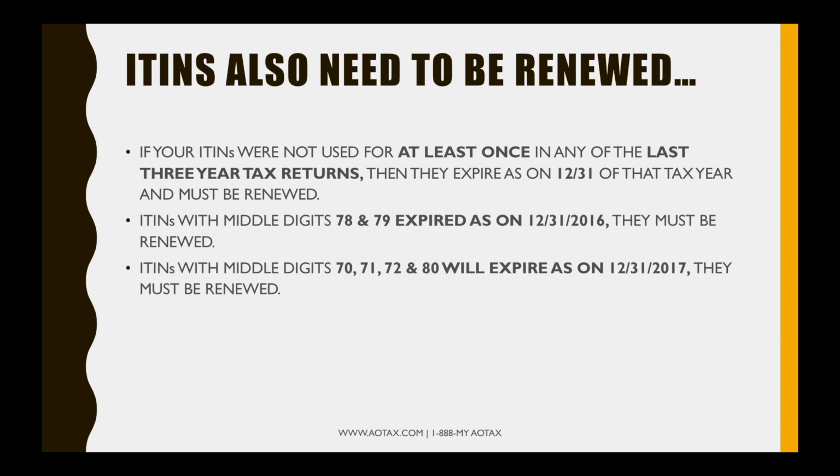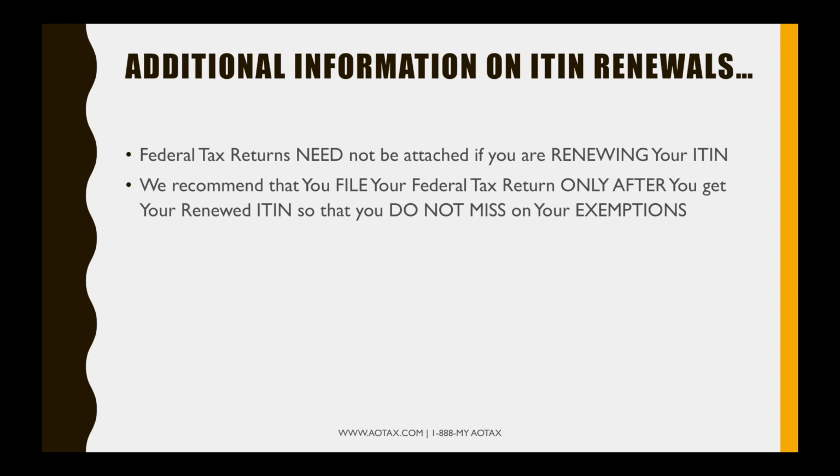The only thing is, you will have to check the boxes in the ITIN application form and mention the previous ITIN number too. Additional information on ITIN renewals: keep in mind that federal tax returns need not be attached if you are renewing your ITIN, and we also recommend that you file your federal tax return only after you get your renewed ITIN so that you do not miss out on your exemptions.